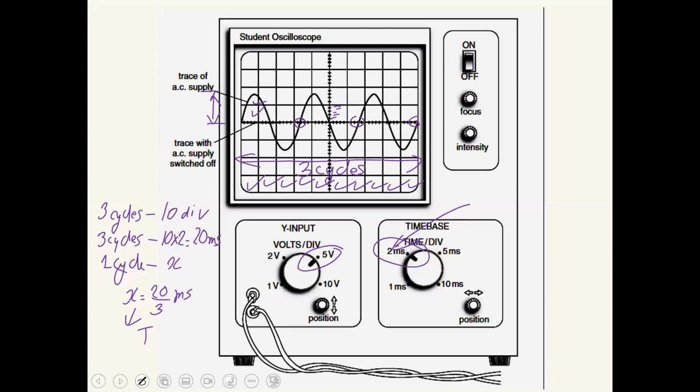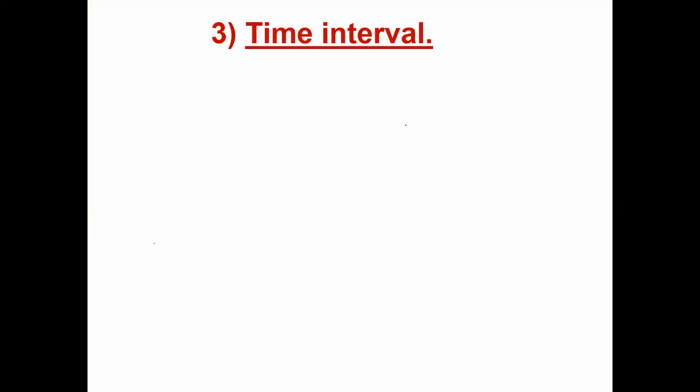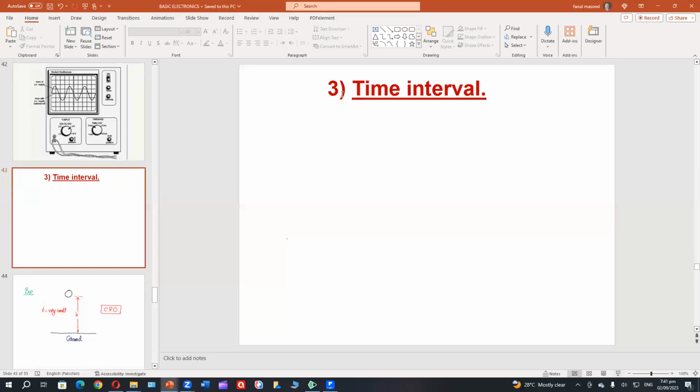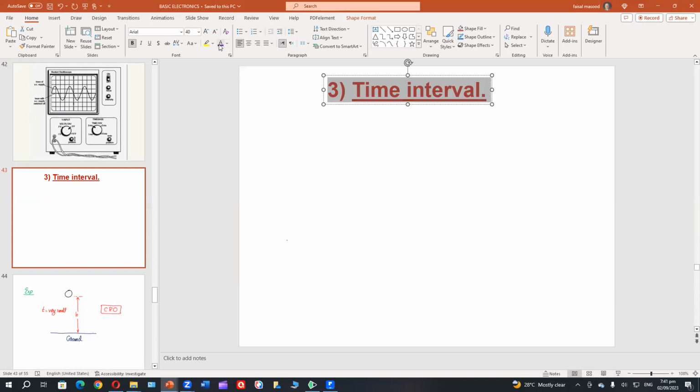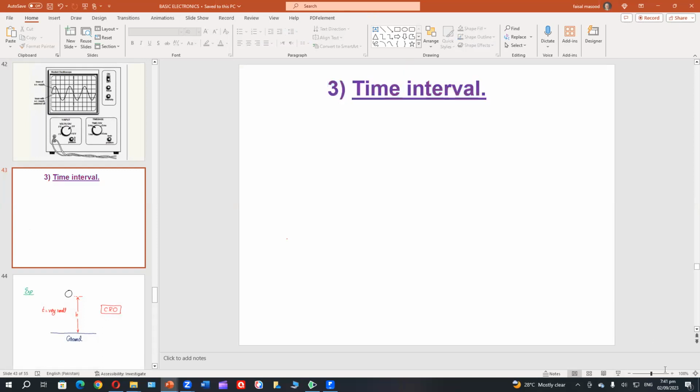Very good. Time interval. Time interval is just like an interval of two things. A CRO is a very accurate device. It can measure the time period to a very high degree of accuracy.